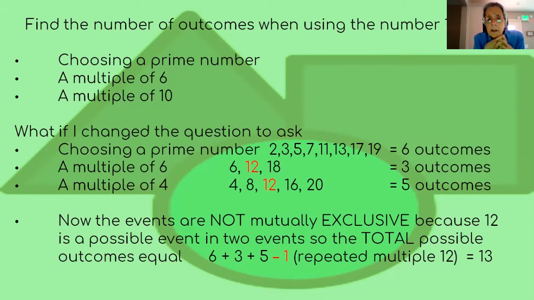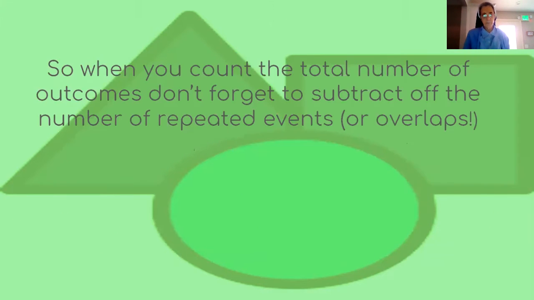So in this case, the number of outcomes would be 6 plus 3 plus 5 minus the repeat of 12, and so I subtract 1 and I get 13 possible outcomes in this case. So when you count the total number of outcomes, don't forget to subtract off the number of repeated events or overlaps.